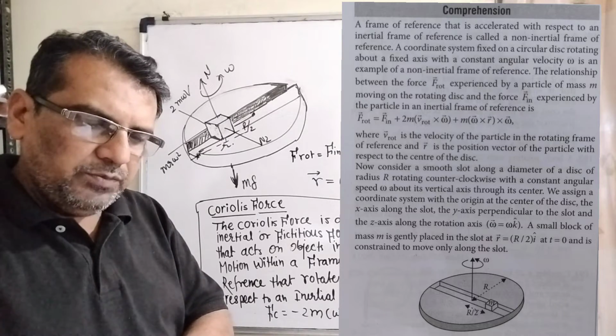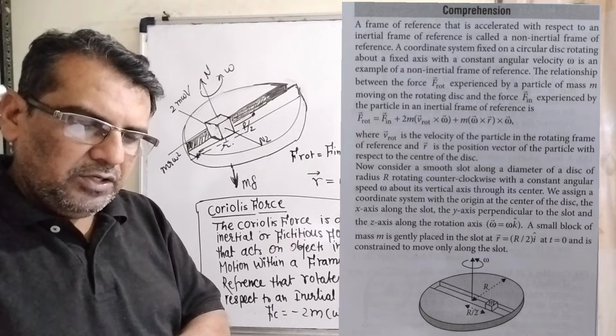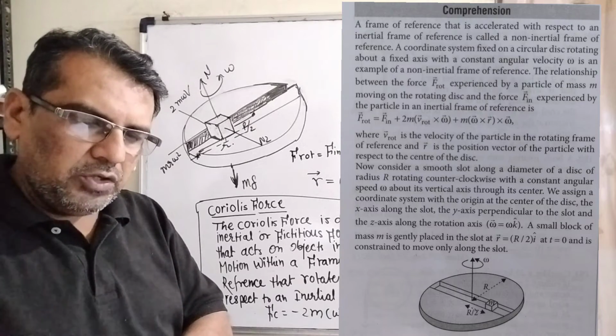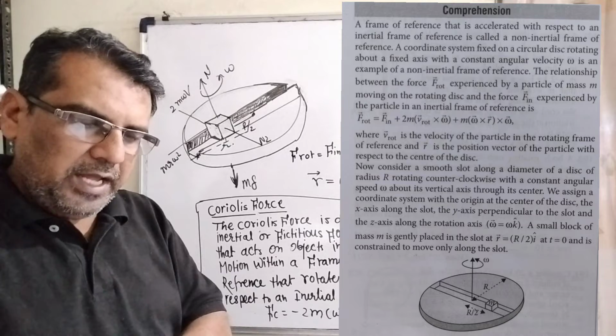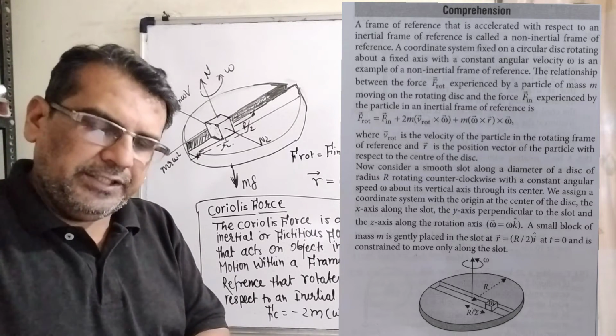Now consider a smooth slot along a diameter of a disk of radius R rotating counterclockwise with a constant angular speed omega about its vertical axis through its center.